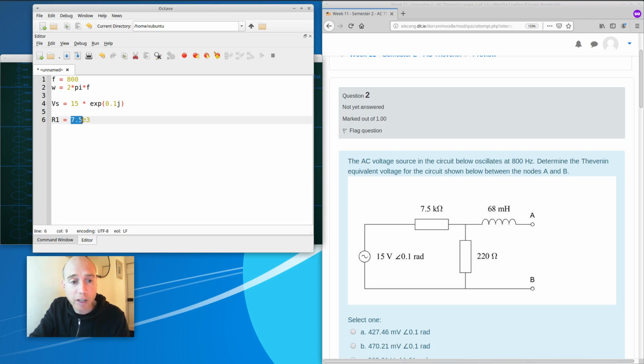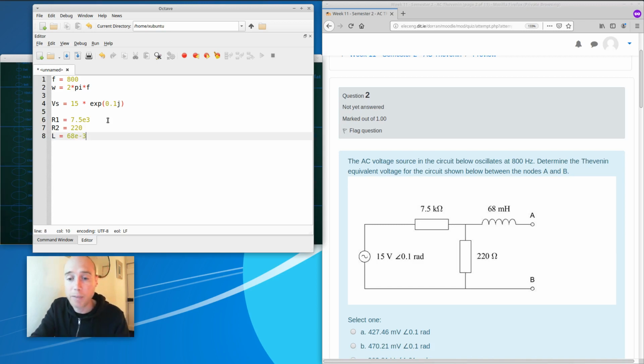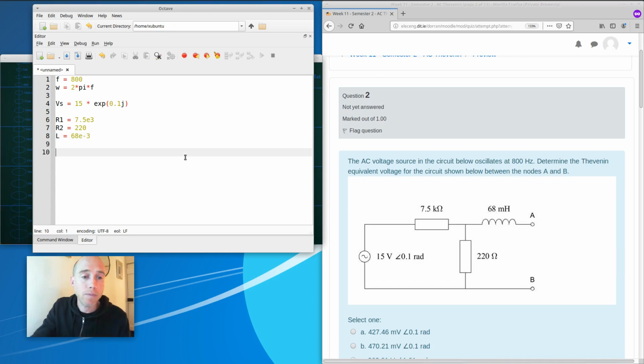So it's saying to take this number here and multiply it by 10 to the power of 3. That's what this syntax means. So in this case, I'm saying multiply 7.5 by 1000 because it's in kilo ohms. So that's 10 to the 3. My second resistor is just 220, and the inductor, which I'll call L, is 68 times 10 to the minus 3 because it's millihenries. That's this one here.